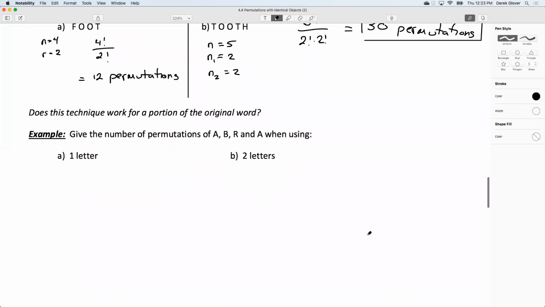Well, if we were using the same trick, to give the number of permutations of A, B, R, and A, we would have 4 letters, and we would have 2 that are repeated. So in theory, we could go for permutation 1 and then divide it by the repeated letters, which would be 2 factorial. But if we do this, we're going to end up with 2 permutations.